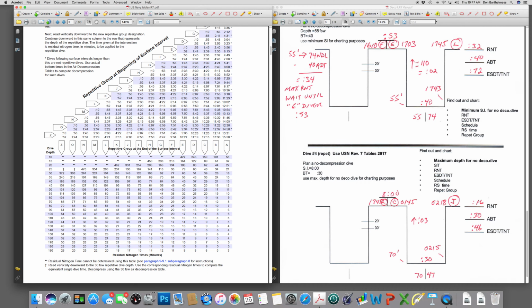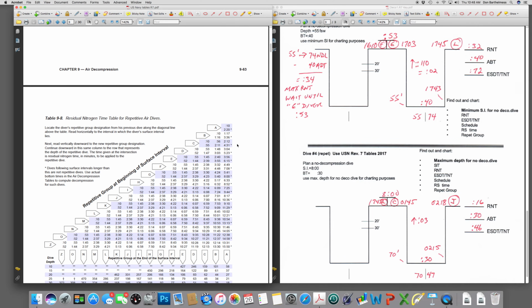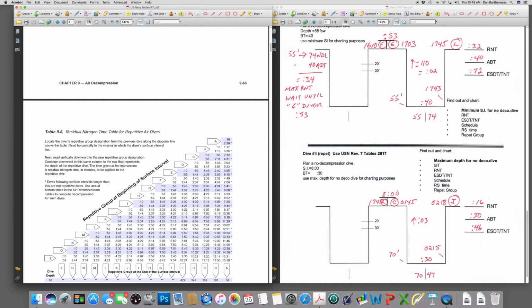218. Now, I need to pick a group, a repetitive group, based on the total nitrogen time. If I look at a C diver going to 70 feet again, that diver has 16 minutes of residual nitrogen time. Add it to my 30-minute bottom time, total equivalent single dive time, or total nitrogen time of 46 minutes. And I pick a schedule based on 70 for 46.